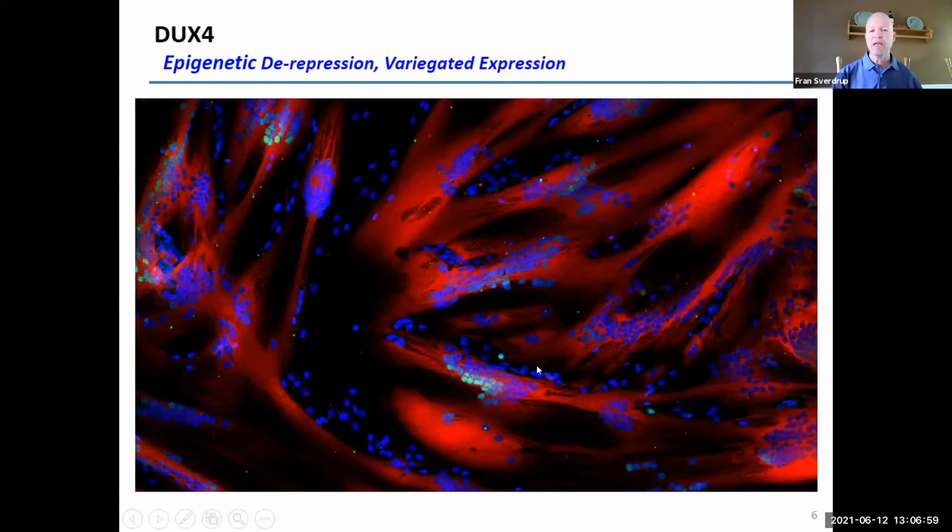And by that, I mean it doesn't happen in every nucleus. What you're looking at here is a collection of FSHD muscle cells in culture that have been induced to join together and form those myotubes. This is part of myogenic differentiation, where you start to express genes like myosin heavy chain here, which is shown in the red. And so you get a long little tube. It's a basic building block of the muscle.